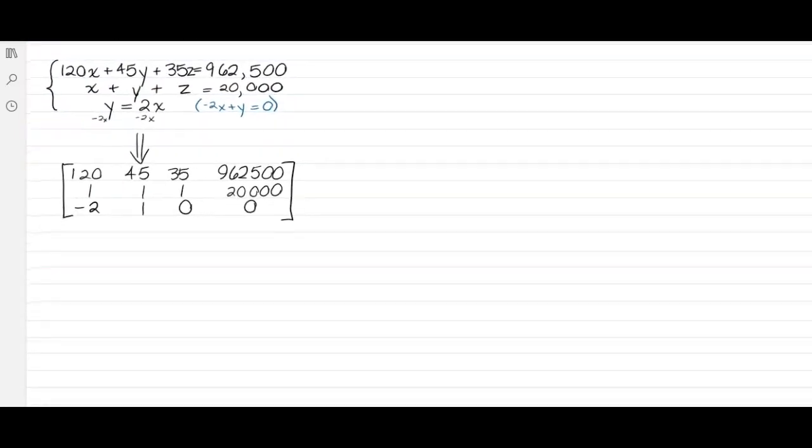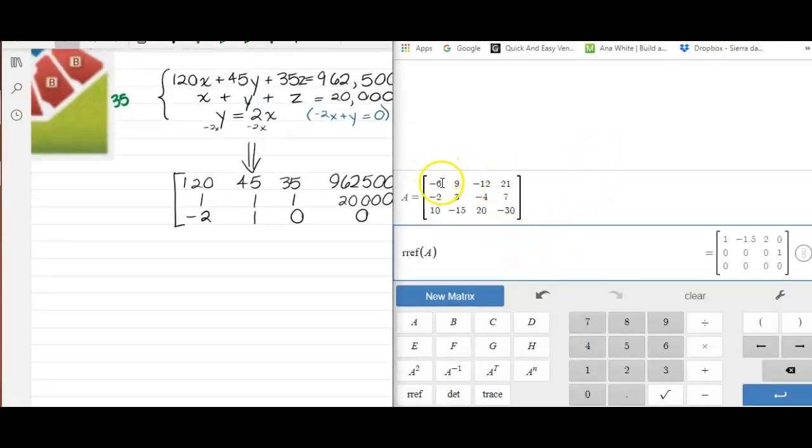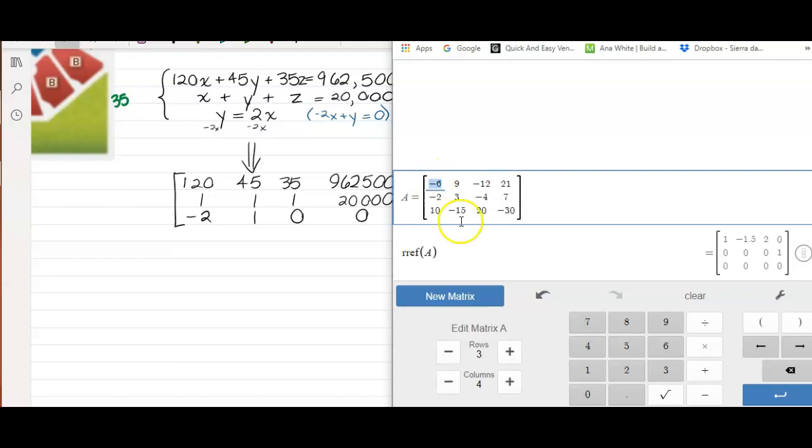Okay, let's put this through Desmos and see what we get for our answer. I'm going to just keep modifying what I already have here so I don't have to retype too much.